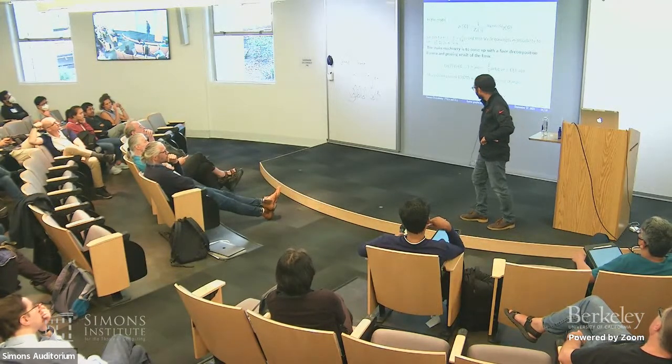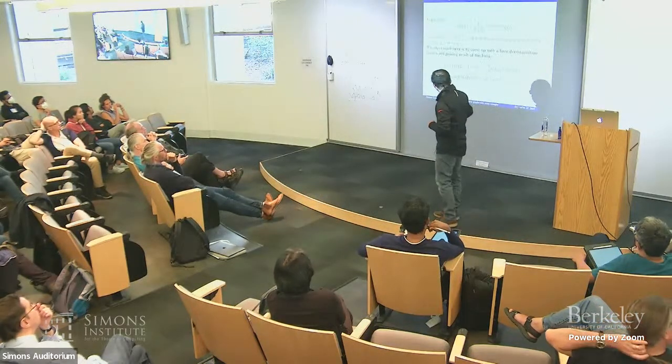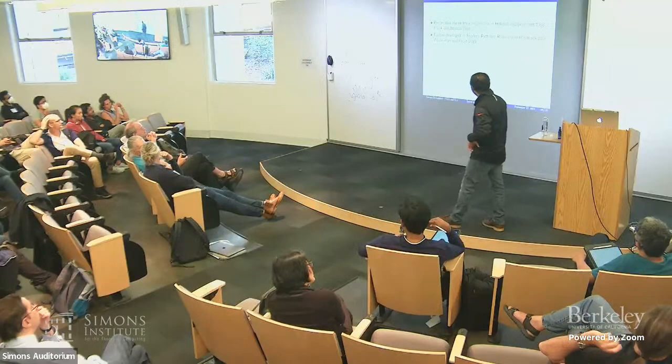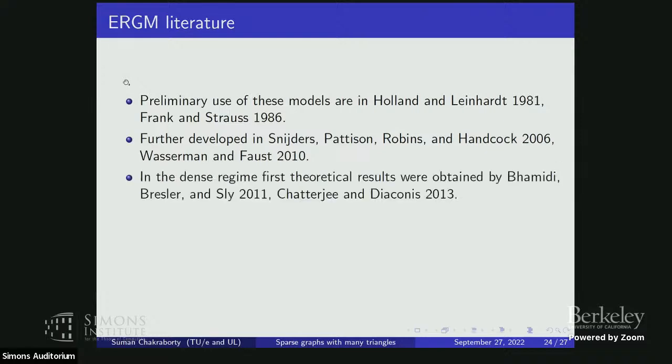Okay, so I guess it's more or less time to summarize. Before I put this slide here, some acknowledgements are needed about the ERGM literature. The primary use of these models is in papers by Holland and Leinhardt, and Frank and Strauss. Many more sufficient statistics were developed in these papers, and there are hundreds, if not thousands, of other papers where they come up with new sufficient statistics. The first two theoretical results on the dense regime are by Bhamidi, Bresler, and Sly, and then Chatterjee and Diaconis.